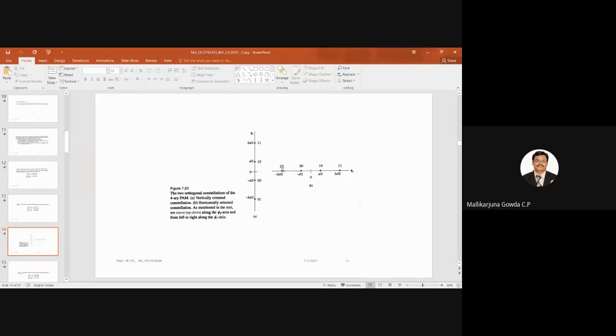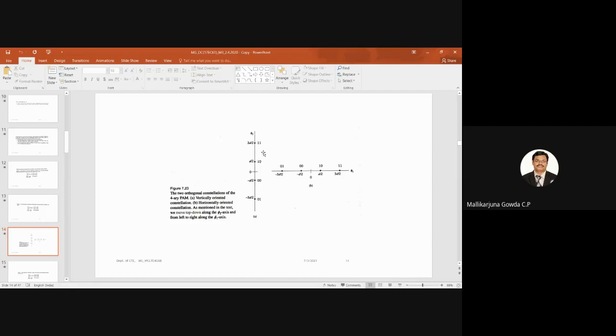If you say it is 01, then with the next symbol there is a change of only one bit. 1 to 0 is changed, and the next bit 0 is the same. Then 00 to 10. The 0 is the same, then the next bit is changed from 0 to 1. Next, 10 to 11. So 0 to 1 is changed, and the next bit 1 is the same. So this is what the Gray code is, right? This is the horizontal constellation, and this one is the vertical constellation diagram for L-ary PAM, that is when the value of L is 4, right?